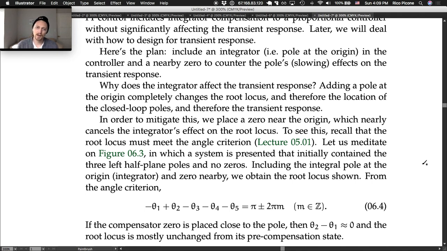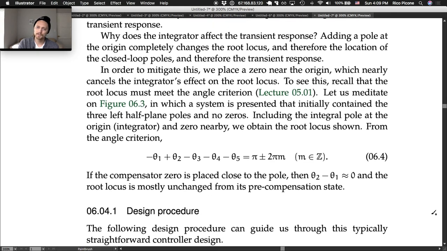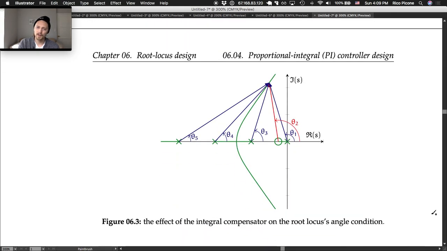So let us meditate on figure 6.3, in which a system is presented that initially contained 3 left half plane poles and no zeros. Originally we had 3 left half plane poles, and if we draw the root locus for that, we'd have no locus, locus on the real axis, no locus, locus.